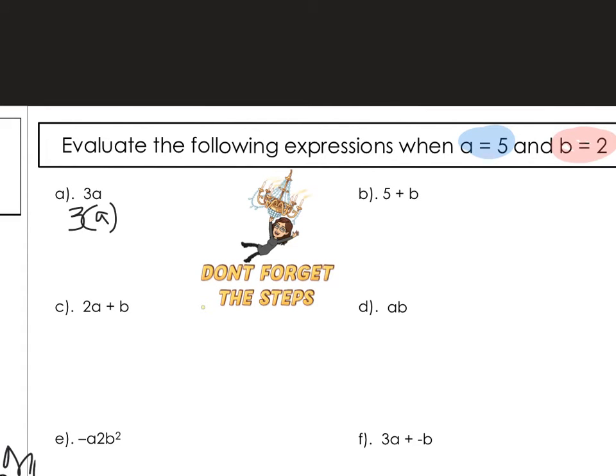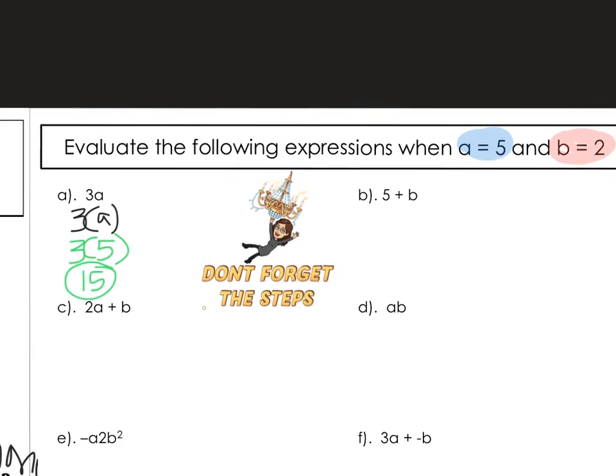And then I'm going to replace my variable with the number that it is. And then I evaluate using order of operations. Easy enough. Let's go down and do C.